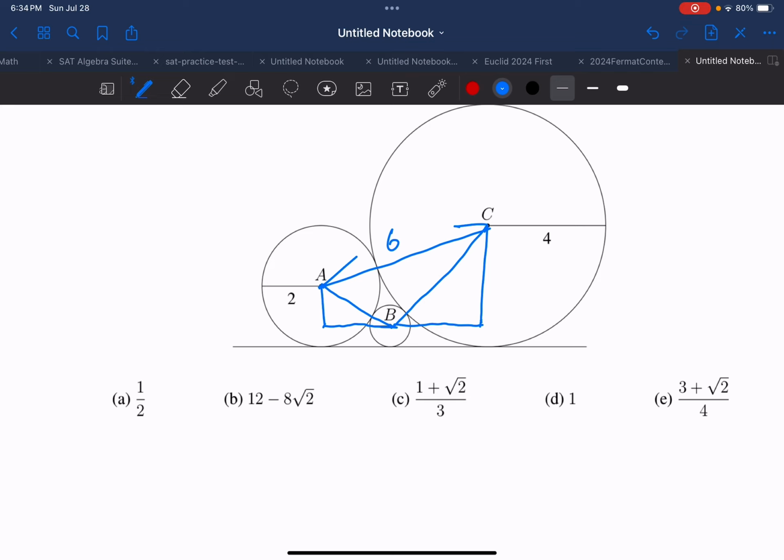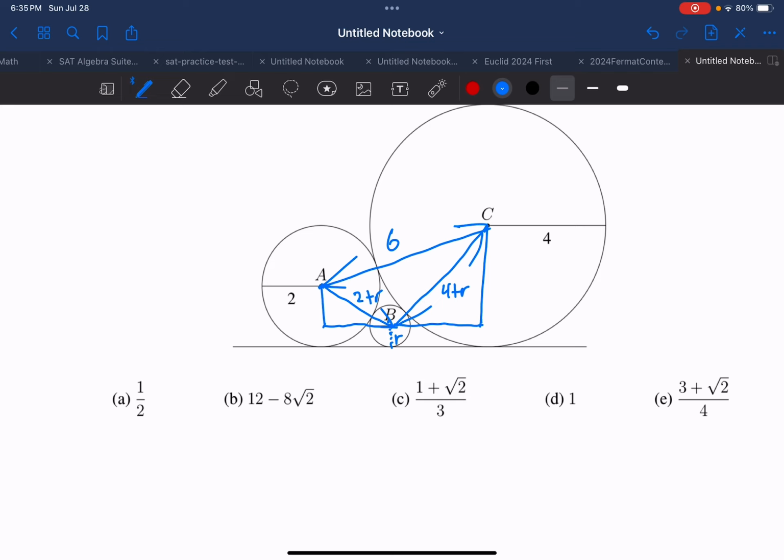And let's say that the radius of the small B circle is r. Then the length of AB would be 2 plus r, and the length of BC would be 4 plus r. Same concept, we're connecting the radii together.